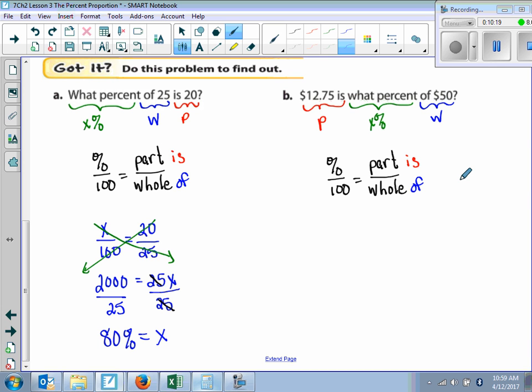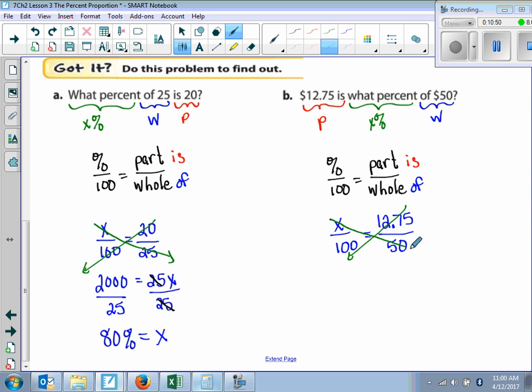Everybody clear? So now we can substitute into our proportion. So percent over 100, that's going to be x over 100 is equal to the part, which is 12.75. Very good. Over the whole, which is 50. Perfect. And then, of course, to solve this proportion, we will cross multiply.